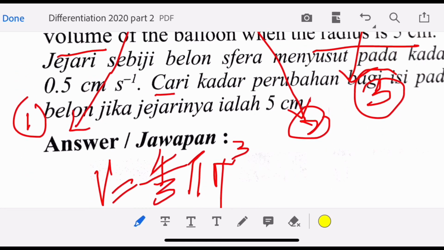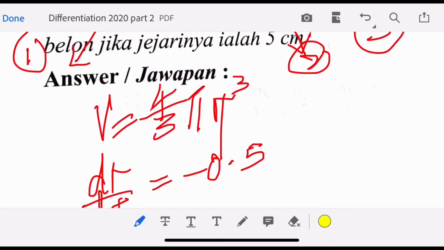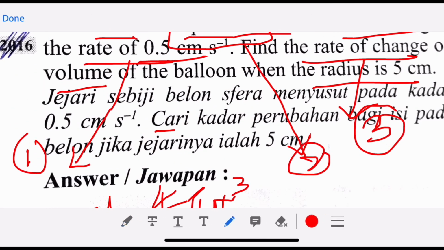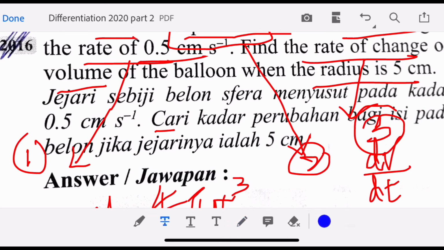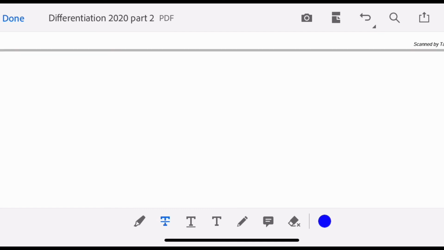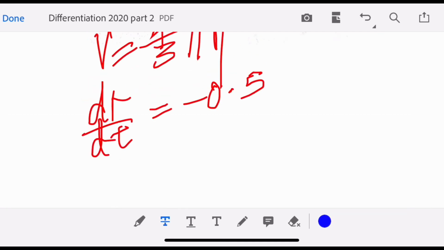Either I write the third one from the question, or I can differentiate the volume to get dV/dr. I write dV/dt is equal to, I'm not sure. I'm asked to find it, so I will write a question mark.